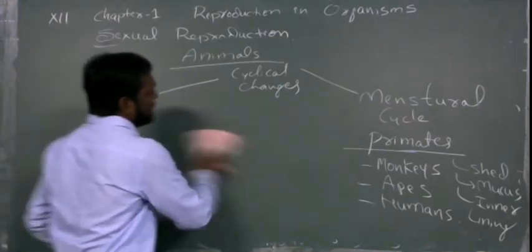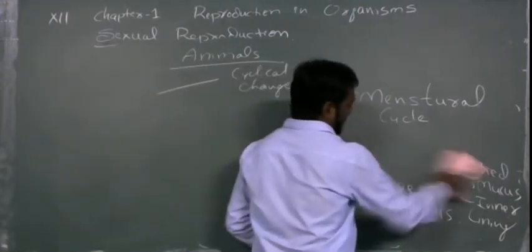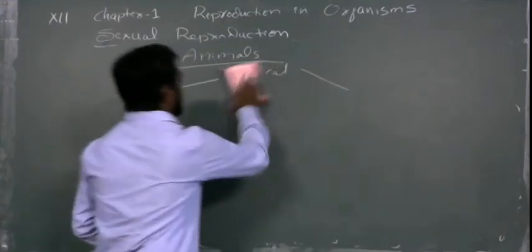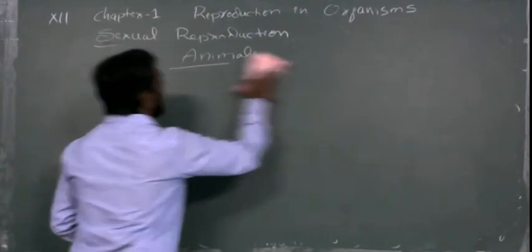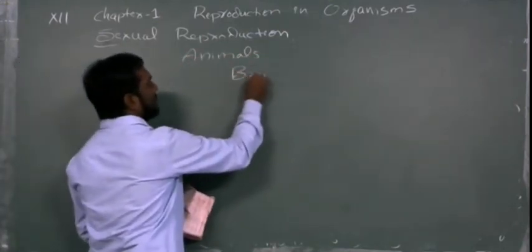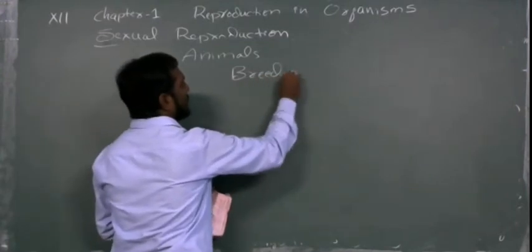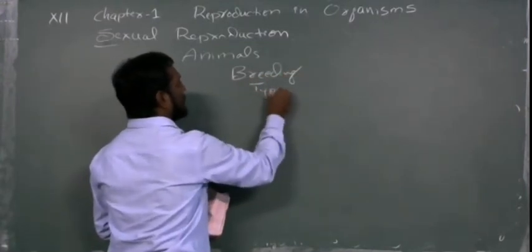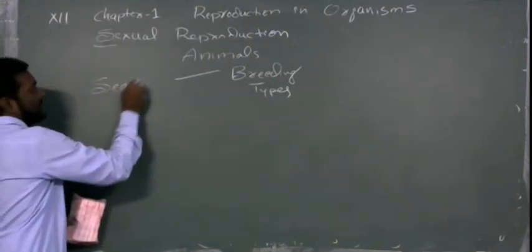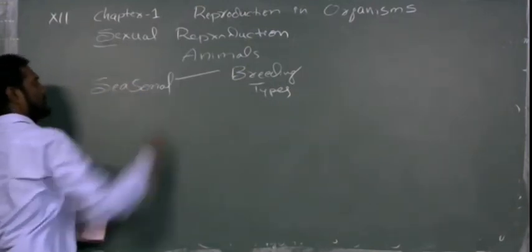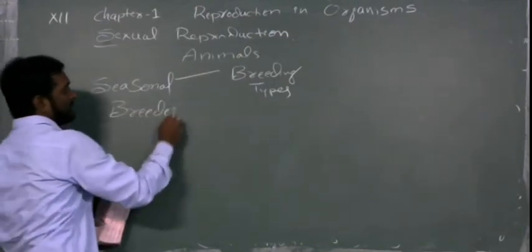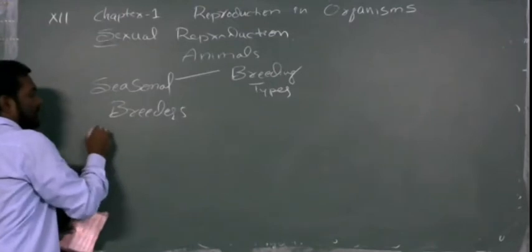Now we will see the breeding methods, or the breeders. What are they? If they give rise to the reproduction of babies, they are called breeders. According to this, there are breeding types. A few will be called seasonal breeders, like all these non-primates.